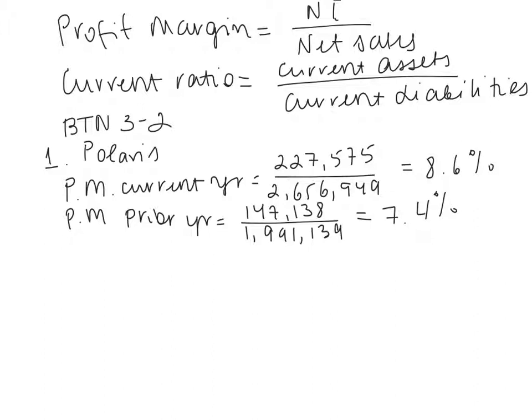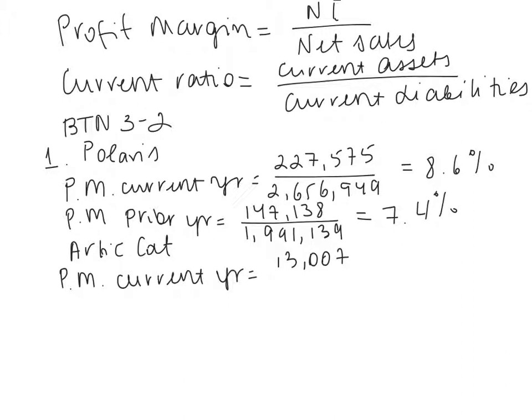We will calculate the same ratios for Arctic Cat. So the profit margin for current year for Arctic Cat is $13,007 in net income over $636,015 in net sales, which gives us 3.6%.